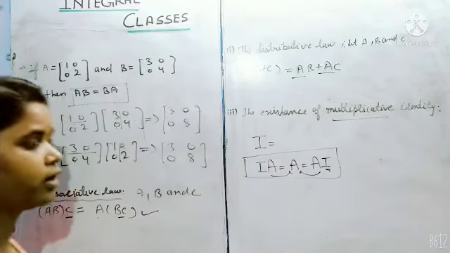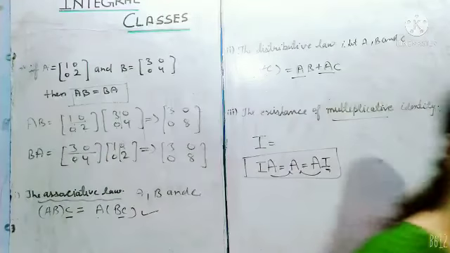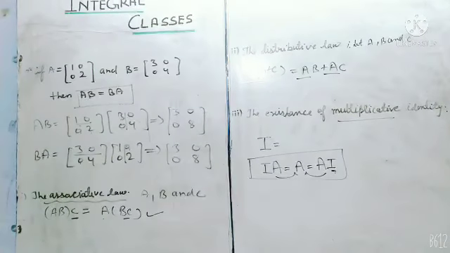Now students, in this video we have covered operations on matrices: addition, multiplication, negative and difference of matrices, and properties of matrix addition, which are commutative, associative, existence of additive identity and existence of additive inverse.